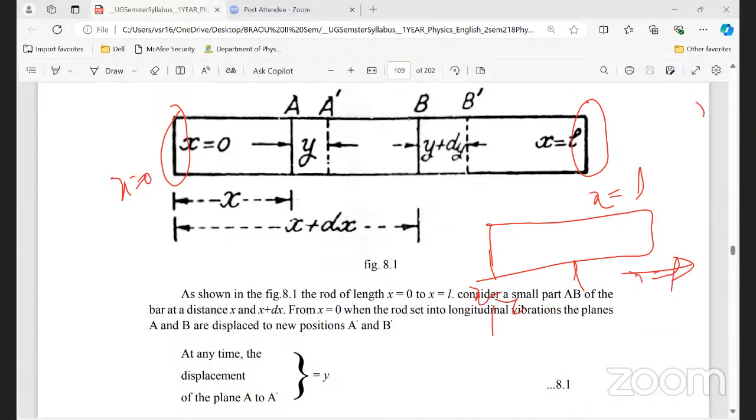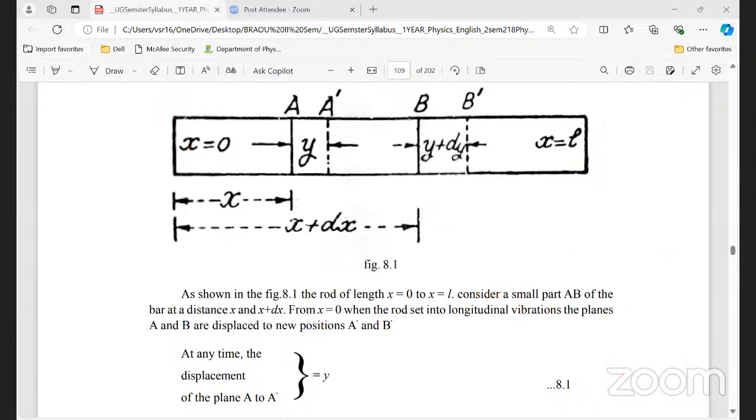That means this is x1 and this is x2, and x2 minus x1 is equal to L. L minus 0 is L. This is the method you use to calculate the length of the rod, from x equals 0 to x equals L.